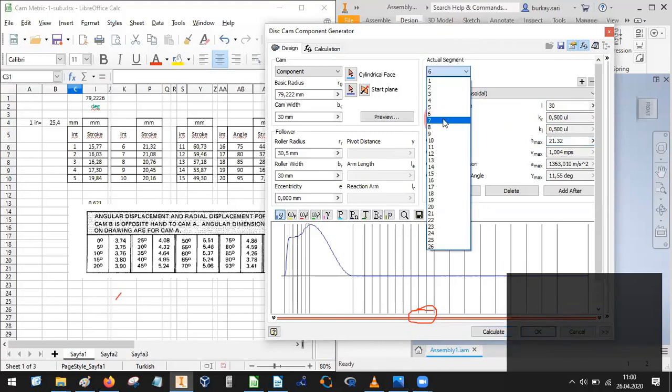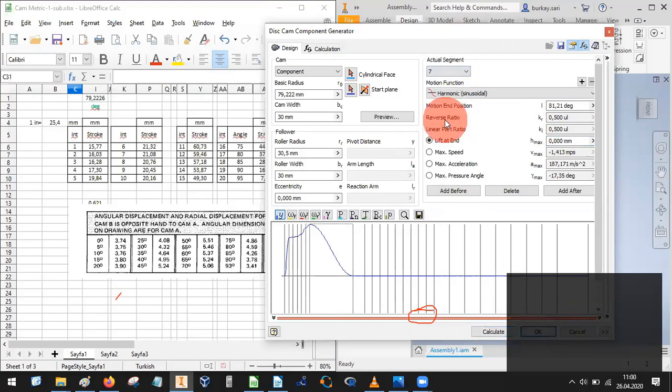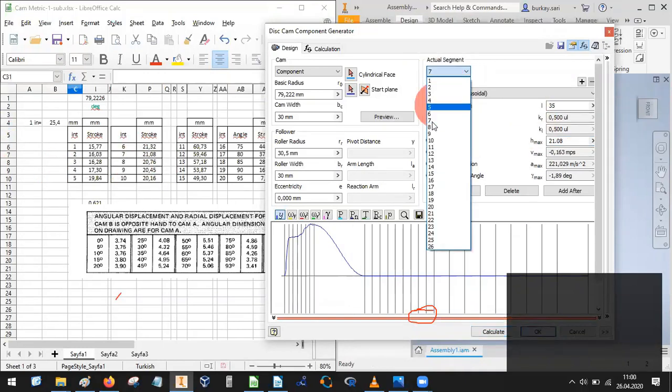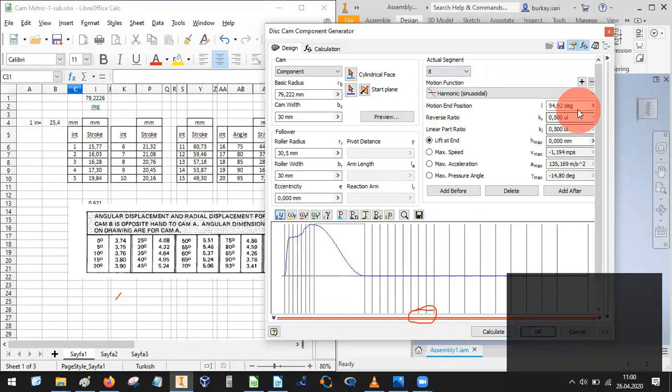The seventh segment, the motion and position, is 35 degrees. And I'm going to make 21.08. And hit the calculate. I will just jump to the 8th segment.